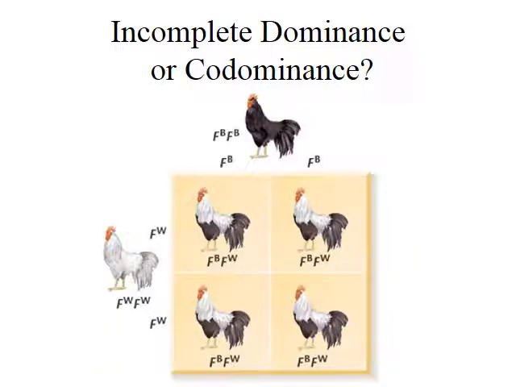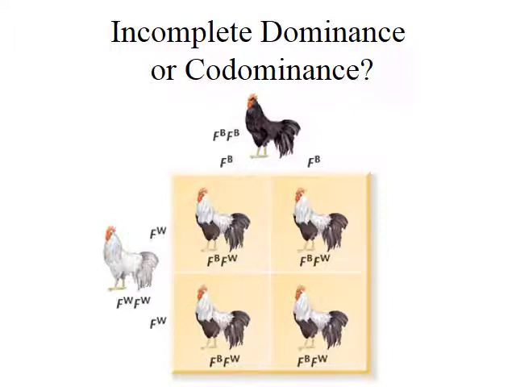So we have a cross between two different chickens, and we can see the parent chicken is completely black, the other parent's completely white. When you do the crosses, all of the offspring are heterozygous for the trait. And the question is, does this show incomplete dominance or codominance?